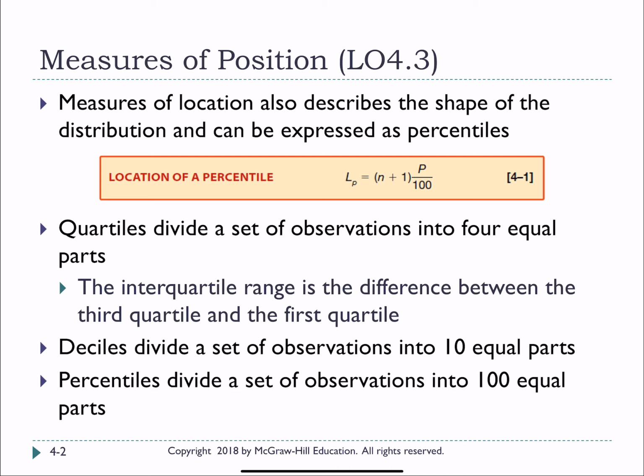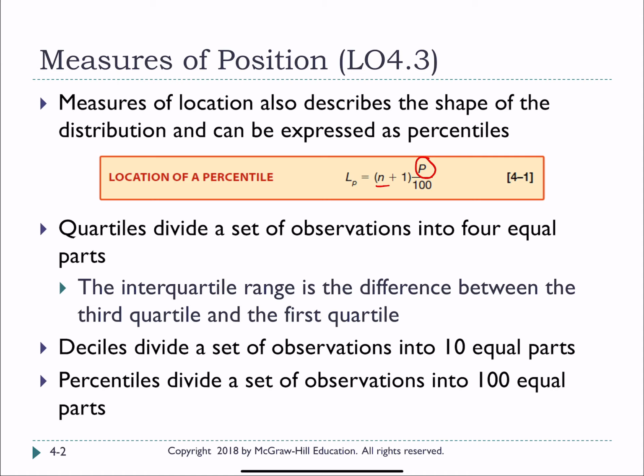And so this is the formula that we could use to find any percentile, where P in our formula represents the percentile we're trying to find. And as it was in the last chapter, N is the number of values in our data set. So if we were looking for quartiles, then we're going to divide into 4 equal parts.